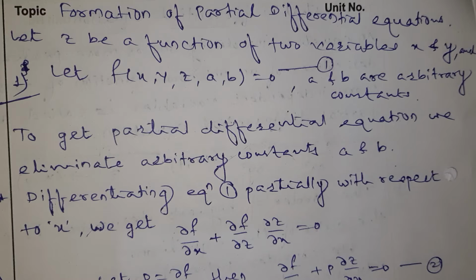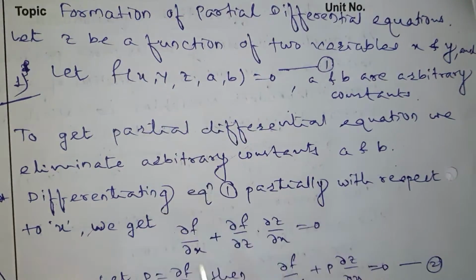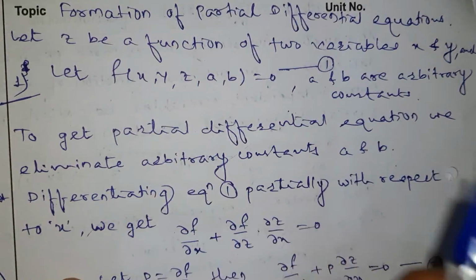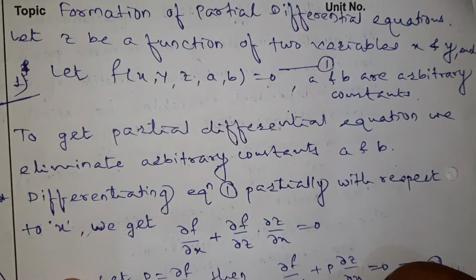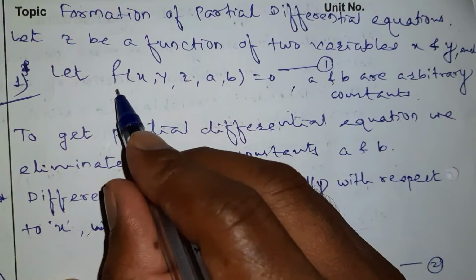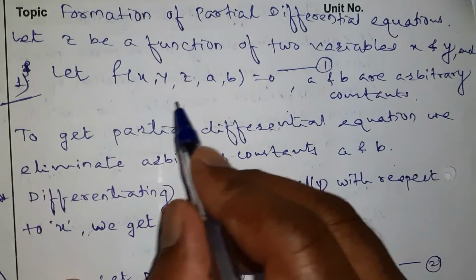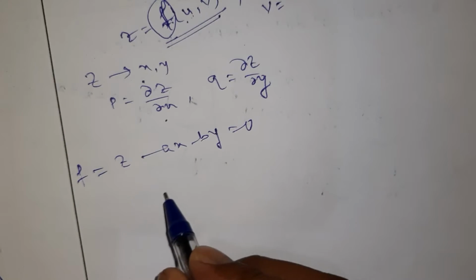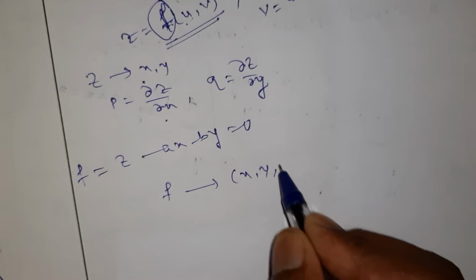Now the question is how we are going to differentiate this function. See carefully and try to understand it, because it is very important. You need the concept of partial derivatives here. Here f is a function of x, y, z, which contains a and b, but which are the variables here? x, y, z. So can I write it in this way? See carefully. f is a function of x, y, z.